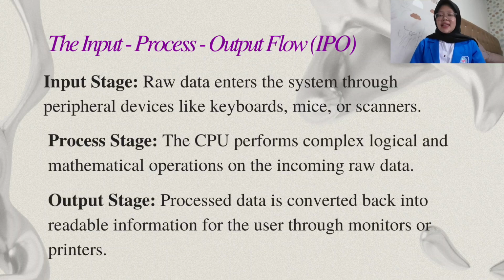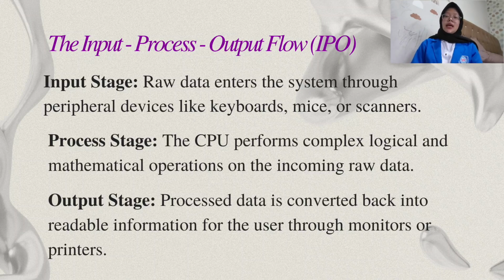The data cycle, or IPO. On this slide 4, we break down the core operational flow using the input-process-output, or IPO, cycle. First, input. Raw data enters the system through a peripheral device. Second, process. The CPU performs logical and mathematical operations on data.